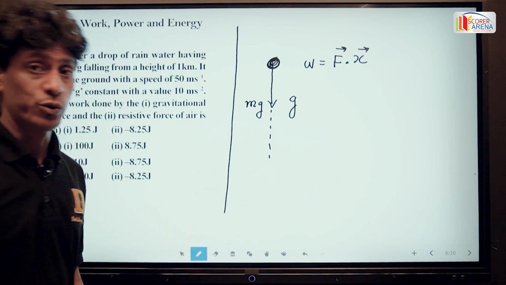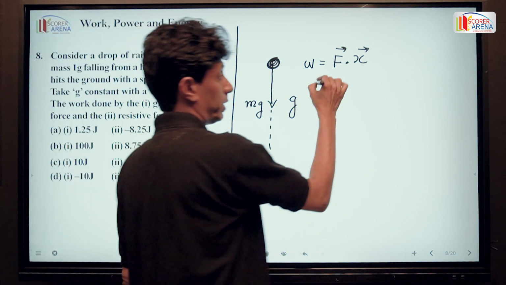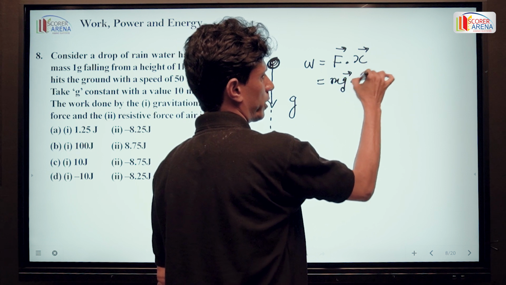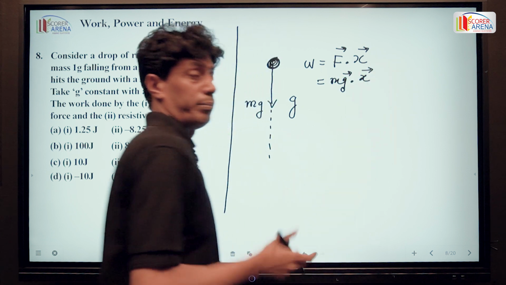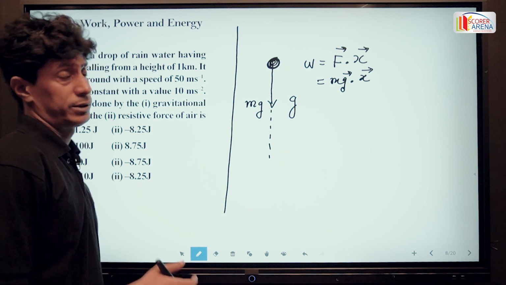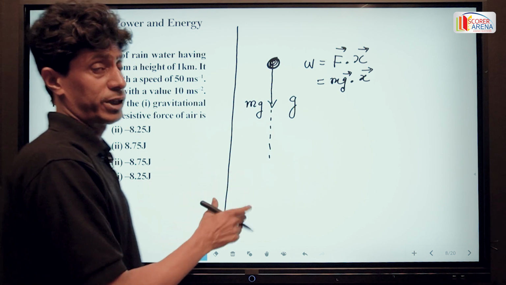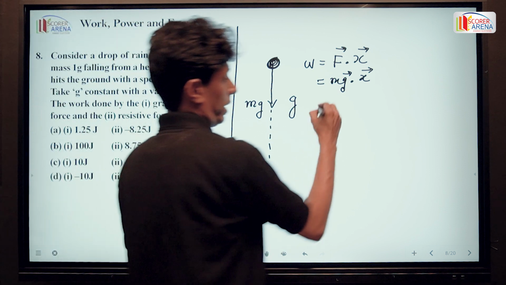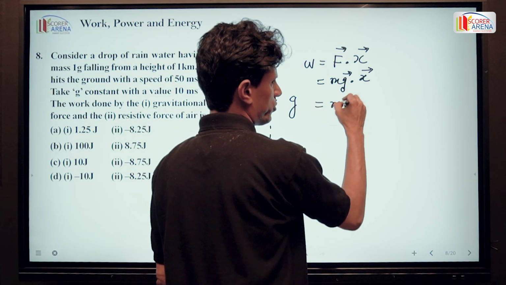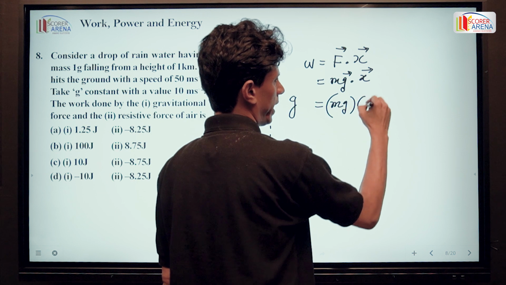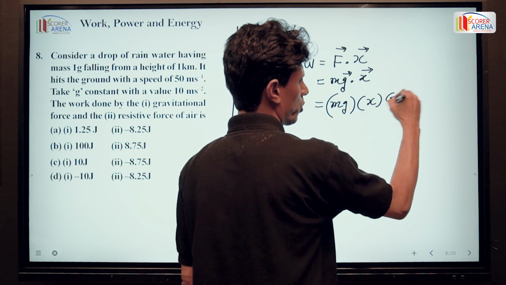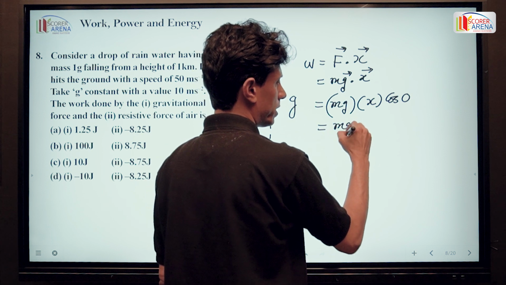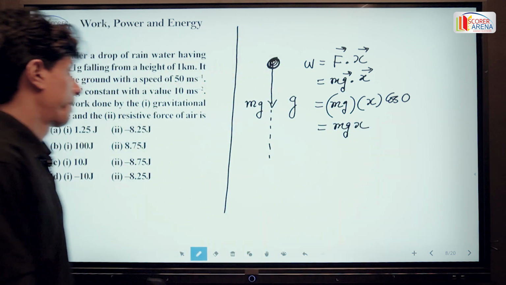This is mg dot x, with magnitude and direction fixed, so the value of mg is constant. And this is mg into x cos 0 degree, so therefore mgx.